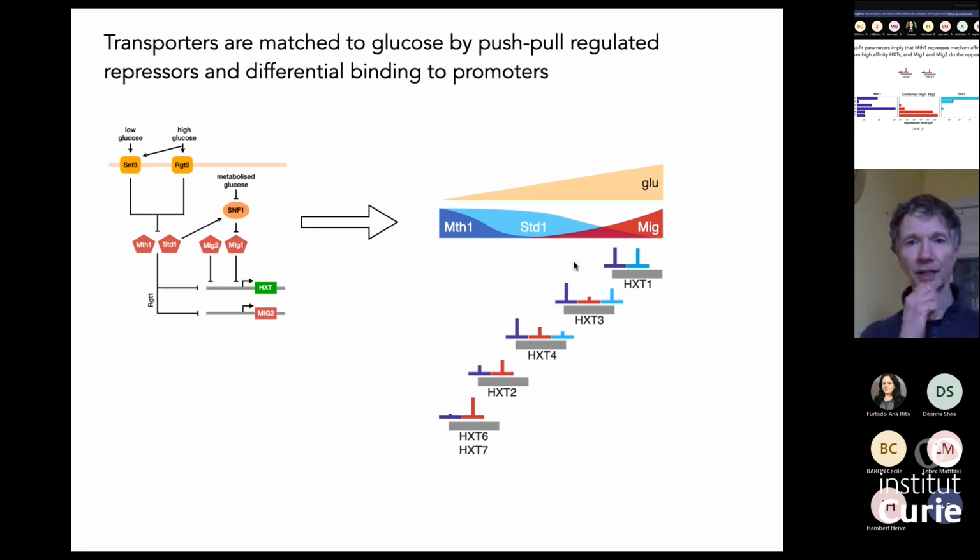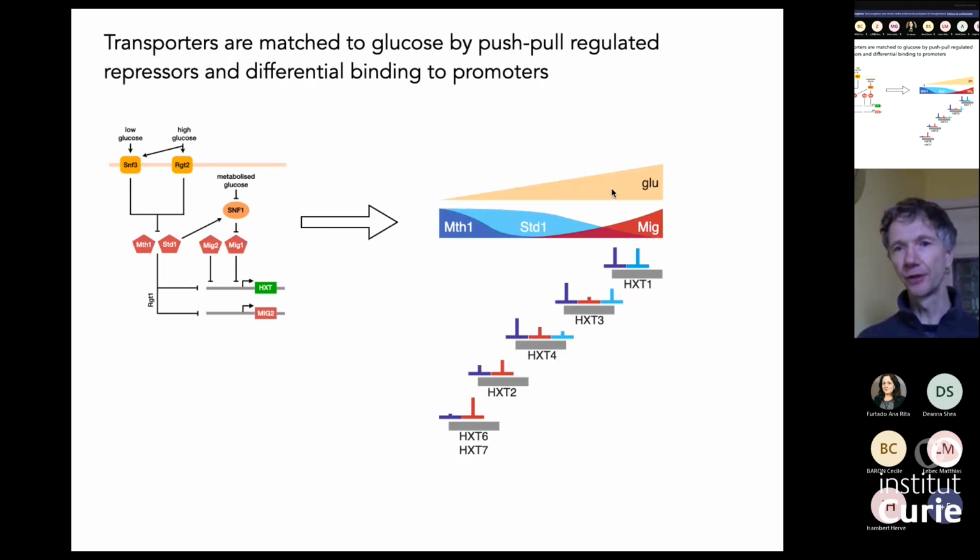Right, so then I can put all that together and try and summarize. We have our network, which I described, and what this network seems to generate, in response to an increasing concentration of glucose, is this kind of activity from the repressors. MTH1 falls first as glucose increases, its activity drops because it's degraded.